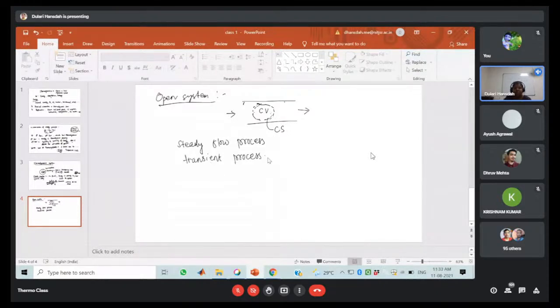But in the transient case, the flow of energy and mass will vary with time. So these two processes we are considering to solve the problem in case of the open system. This open system is also known as the control volume system.